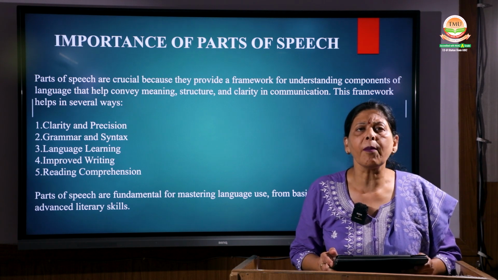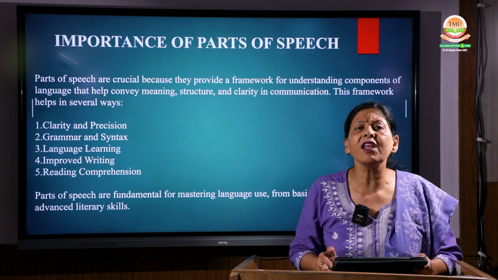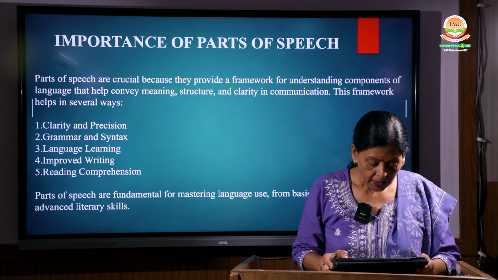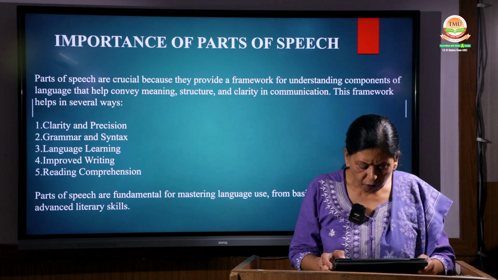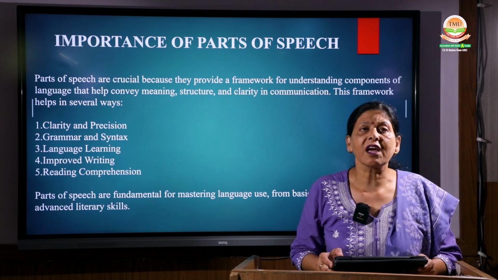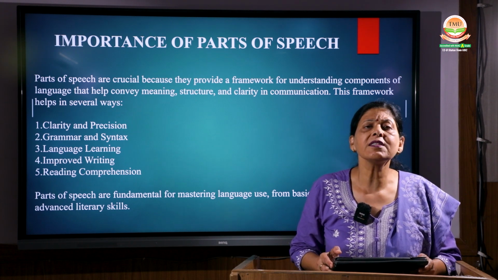The first thing about the language is the alphabets. So first we learn the alphabets, and the second learning would be of parts of speech, means how to use the words. Then the third is improvement in writing. It improves our writing, because if there won't be any grammatical mistakes, then the formulas will be correct.